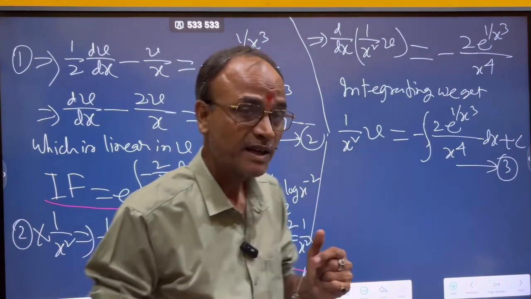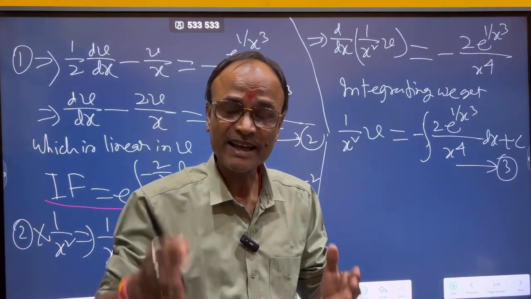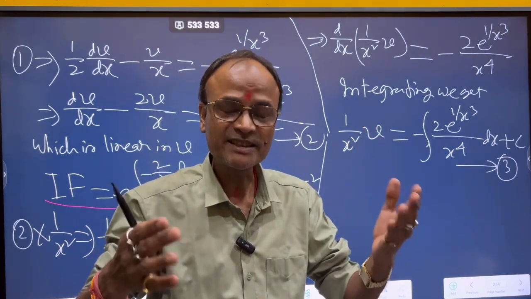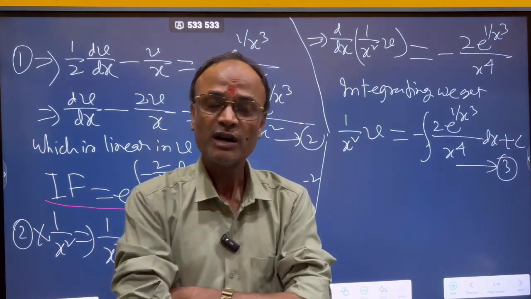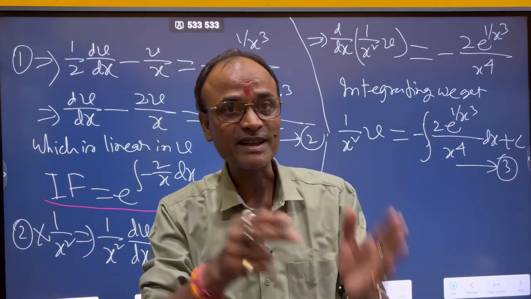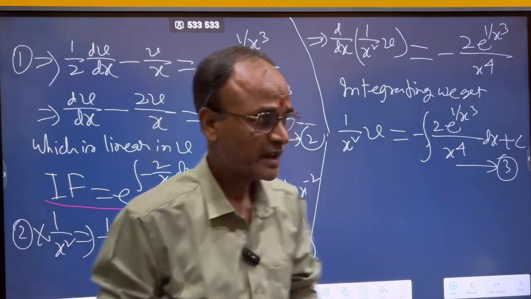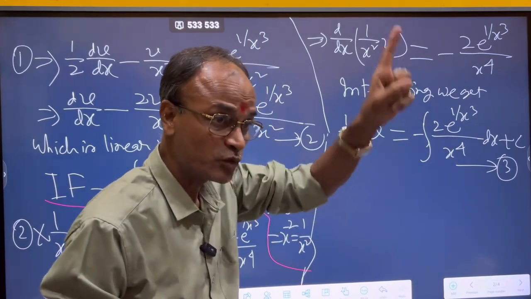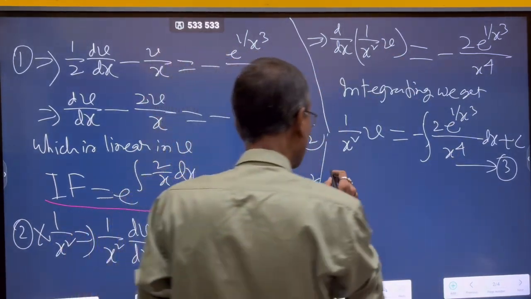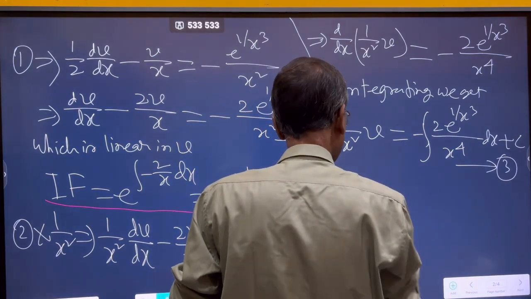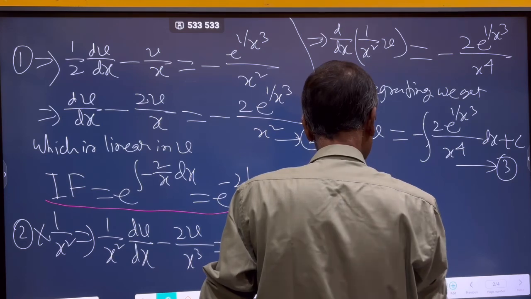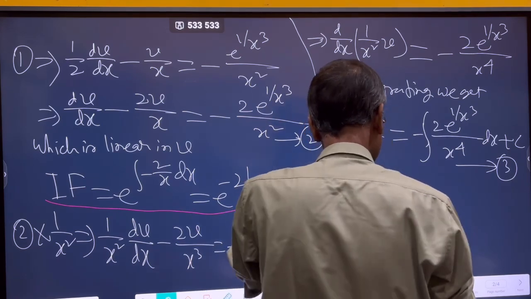You see, the integration of 1 by x cube. If you differentiate 1 by x cube, meaning x to the power minus 3, differentiation of x to the power minus 3 is minus 3 x to the power minus 4. X to the power minus 4 is 1 by x to the power 4. Therefore, you may put 1 by x cube equal to z.